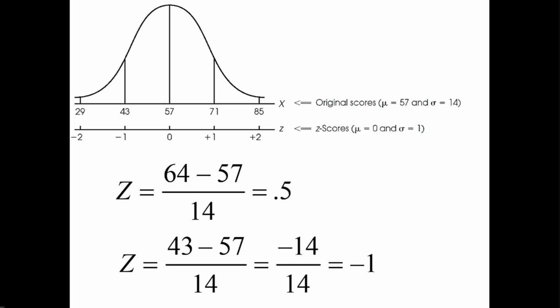Above we have the original distribution with 57 as the average and 14 as the standard deviation. And below is our z distribution. So we see Maria's score up on top is 64, so she's right here at 0.5. And then Joe's score of 43, he's 1 standard deviation below.